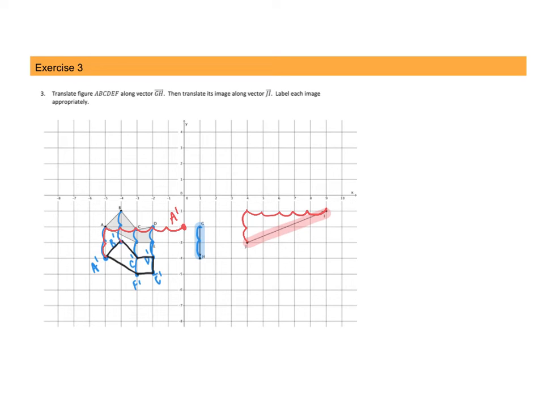Move to B, up 2, right 5. I'm going to do this for all of them. C prime, up 2, right 5. D prime, up 2, right 5.